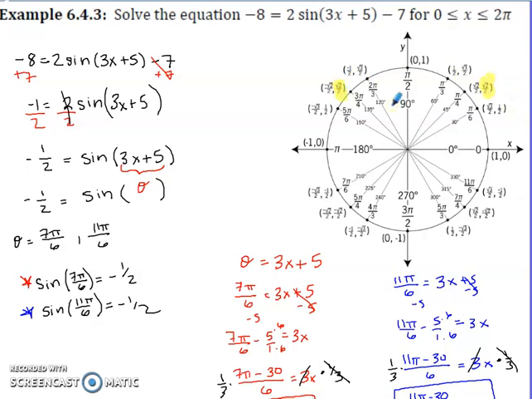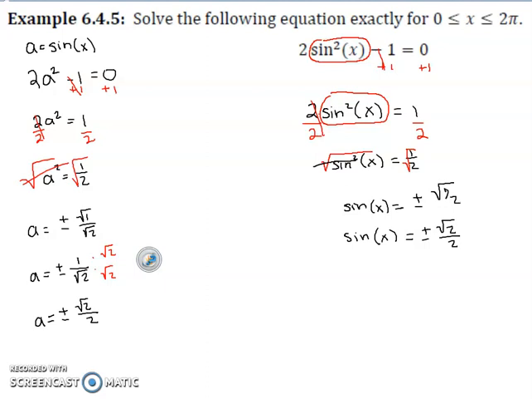I see it occurs at 3 pi over 4. I see it occurs at 5 pi over 4. And I see it also occurs at 7 pi over 4. So on the top, in the first two quadrants, I have positive rad 2 over 2. And in quadrants 3 and 4, I have negative rad 2 over 2. Since we are only looking in one rotation of the unit circle, I'm only going to have those 4 answers.